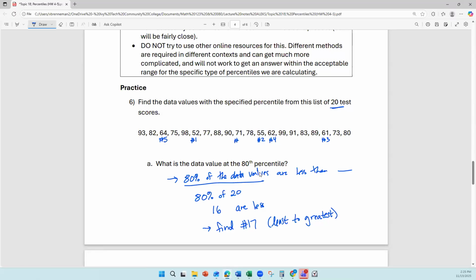Again, use the send data to calculator and sort, and you don't have to worry about any of this whole process. Get to number 17. I'm just going to make sure none of the ones that are left are smaller than my number 17. That's all good. So number 17 is 91.